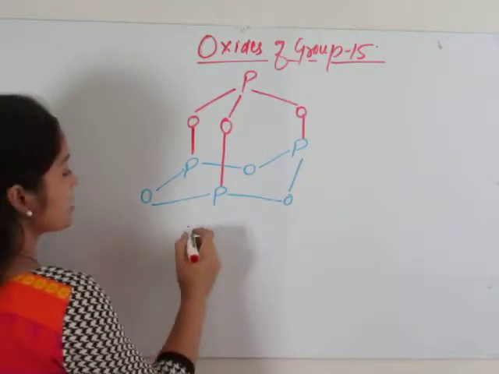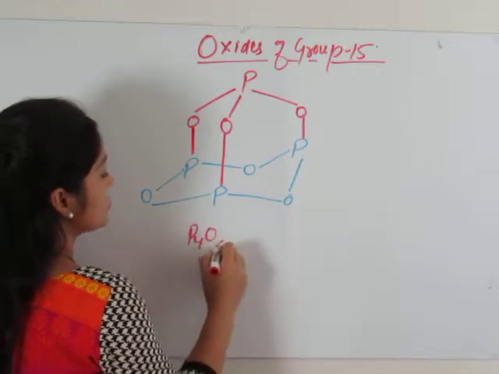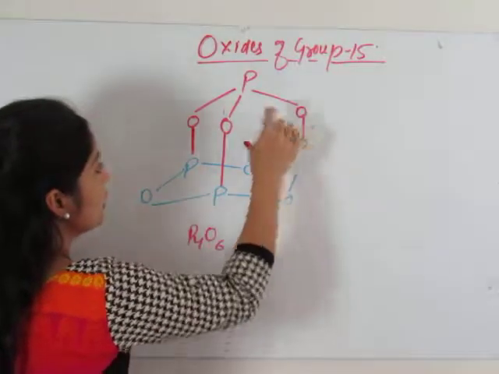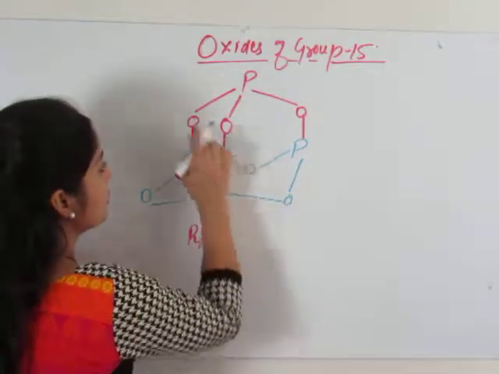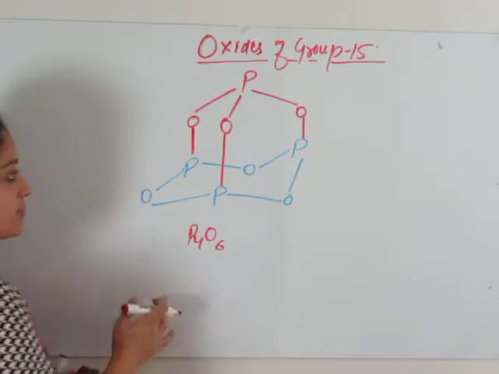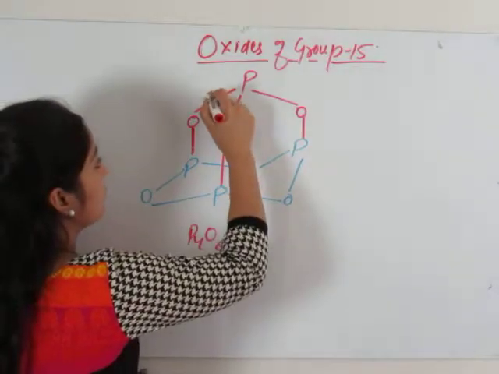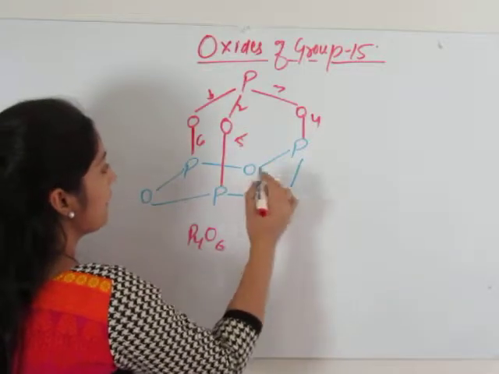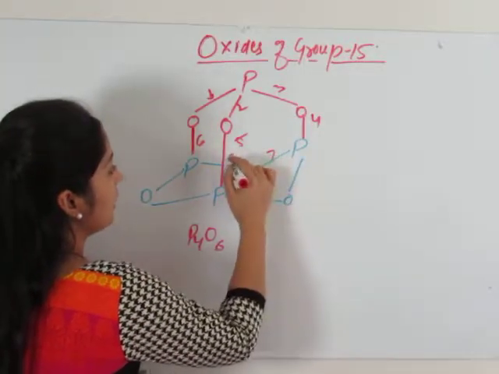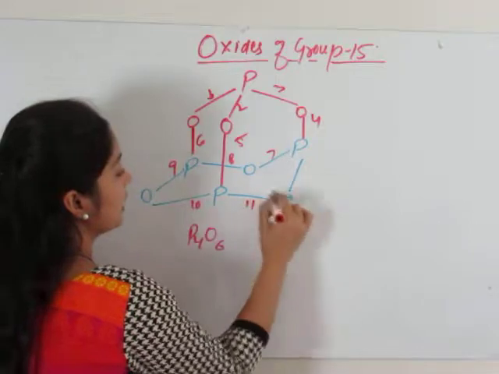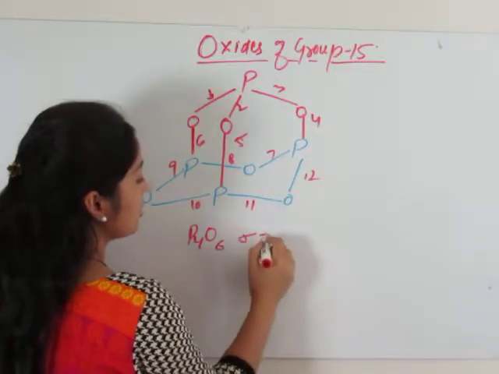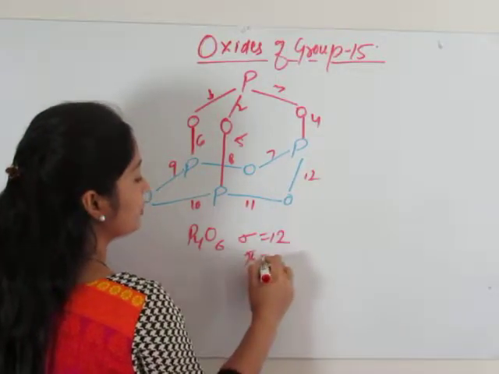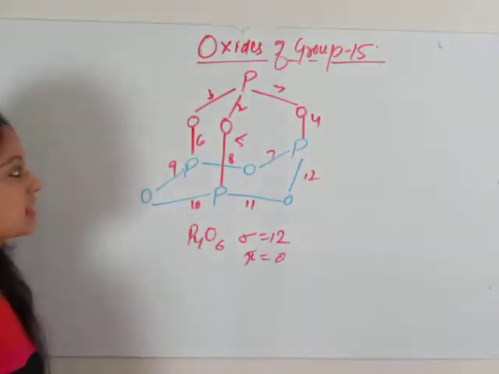So आपका ये स्ट्रक्चर हो गया P4O6 के लिए, 4 phosphorus and 6 oxygens. इसमें जो आपके सिग्मा बॉन्ड्स हैं 1 2 3 4 5 6 7 8 9 10 11 and 12. Number of sigma bonds are 12 and pi bonds are 0 in this case.